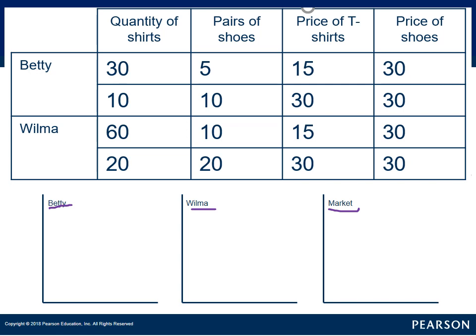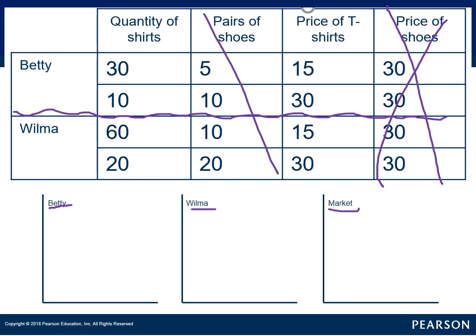So the first curve that we're going to look at here is all of Betty's numbers. Again, we're not going to do anything with shoes. We're only doing t-shirts, okay? Because we're just doing the consumer demand curve for t-shirts, on the y-axis we have the price, and on the x-axis we have the quantity.